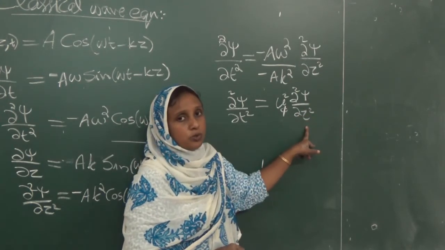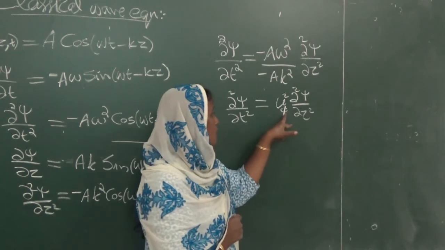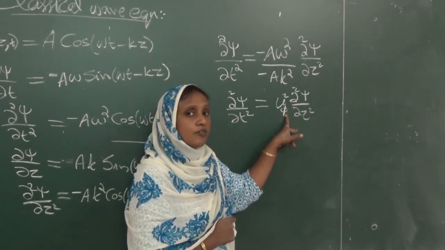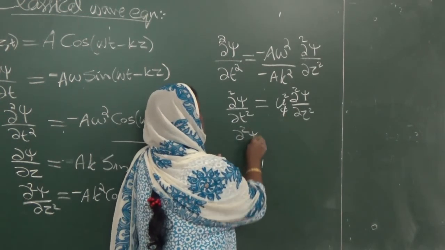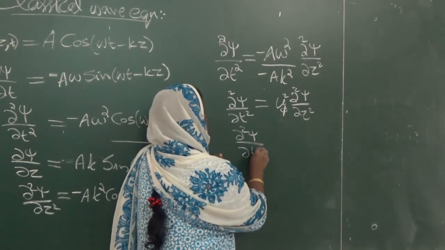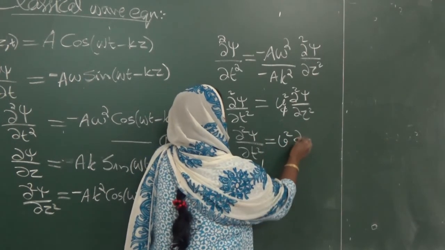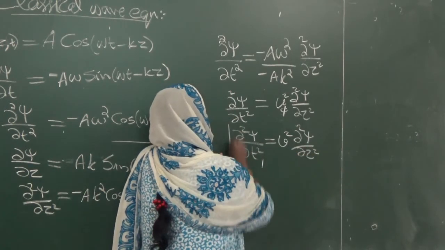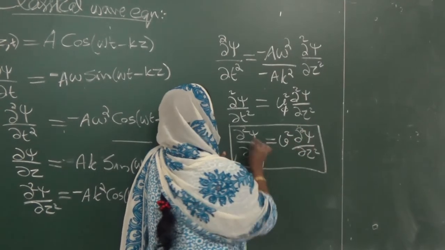Now, in the case of a non-dispersive medium, we know that this v phi is a constant, which is given by the velocity v. So this equation takes the new form: dou square psi by dou t square equal to v square dou square psi by dou z square.